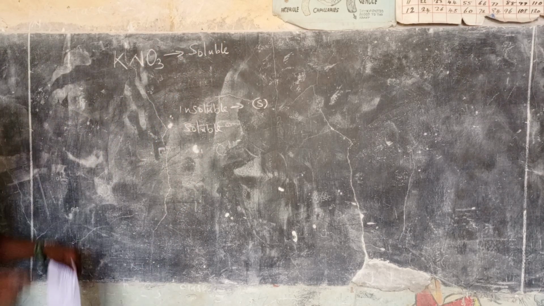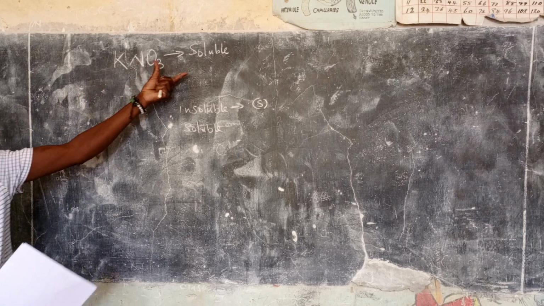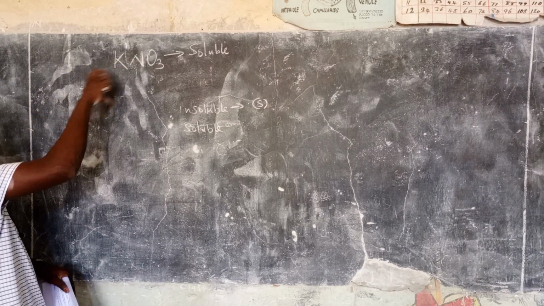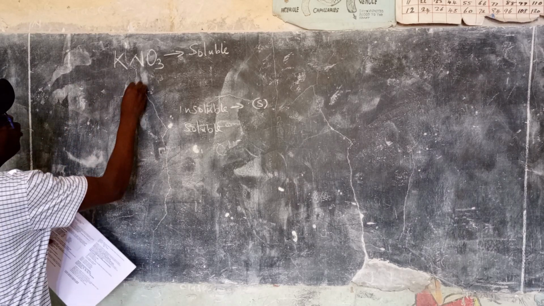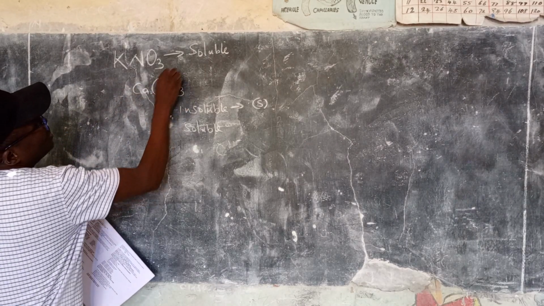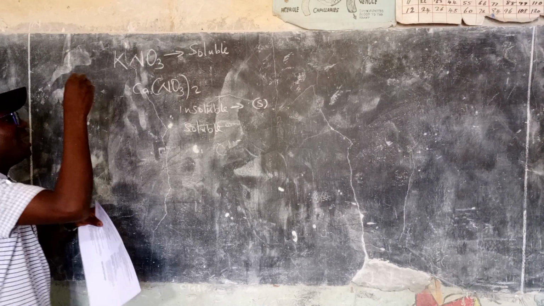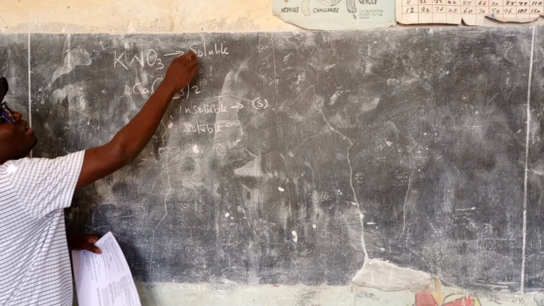Anything that contains nitrate is soluble. In the exercise that is coming, we are supposed to use these compounds, and we identify something which is soluble. Is calcium nitrate soluble or insoluble? Soluble. Very good. Anything that contains a nitrate is soluble. We proceed.